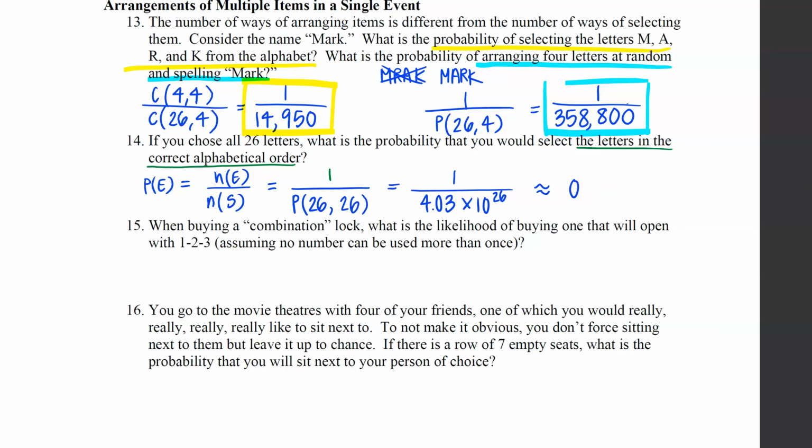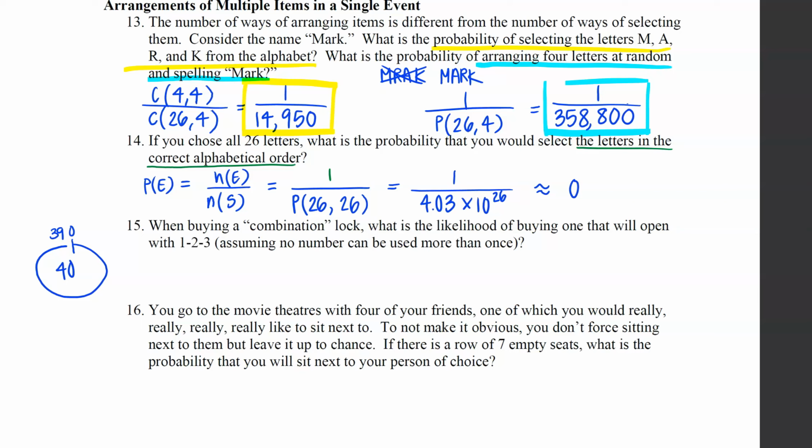In number 15, when buying a combination lock, what is the likelihood of buying one that will open with 1, 2, 3, assuming no number can be used more than once? On a standard combination lock, generally it goes from 0 all the way until 39. So that means that there are a total of 40 different numbers that exist on a combination lock.